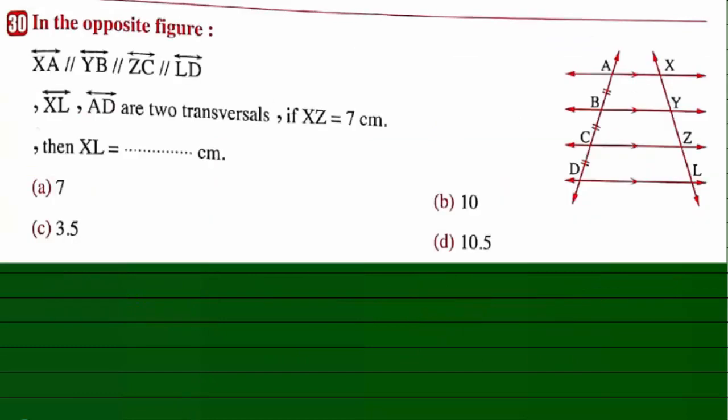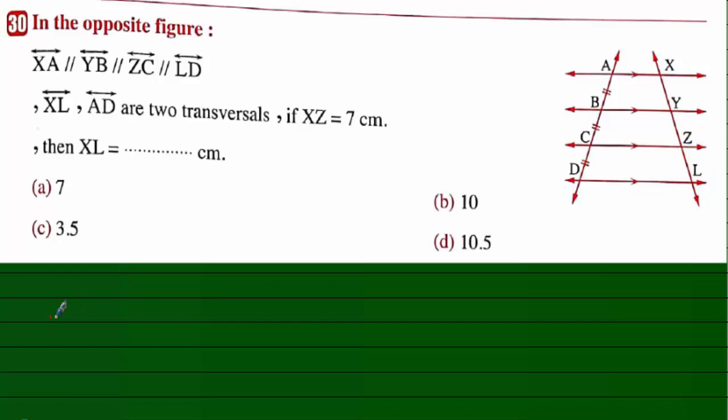Question number 30. We have XA parallel to straight line YB, parallel to straight line ZC, parallel to LD. Here we have four parallel straight lines. AB equals BC equals CD. Then XY equals YZ equals ZL.